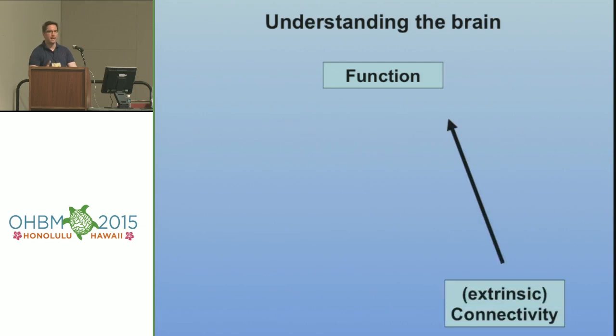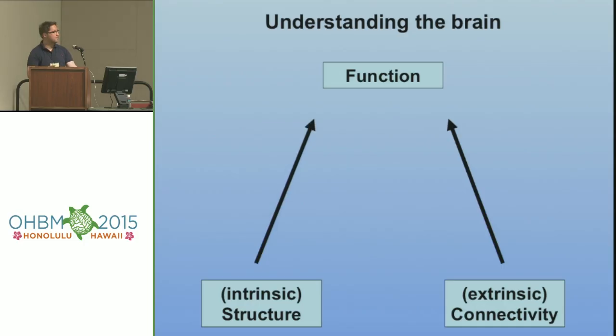One is the extrinsic properties of that part of the cortex, that is its connectivity to other parts of the brain. And the other factor is the intrinsic microstructure, so to speak, the local infrastructure for information processing. And these together should then determine the functional roles, the functions that a particular part of the brain can actually fulfill.